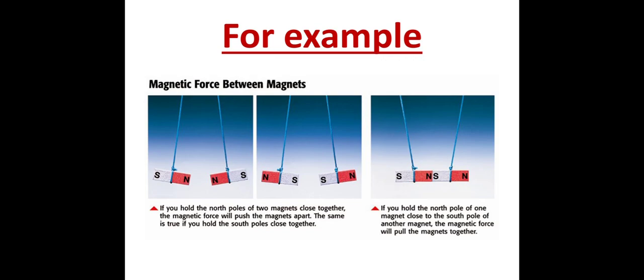So the magnetic force between magnets depends on how the poles line up. Like poles repel and opposite poles attract.